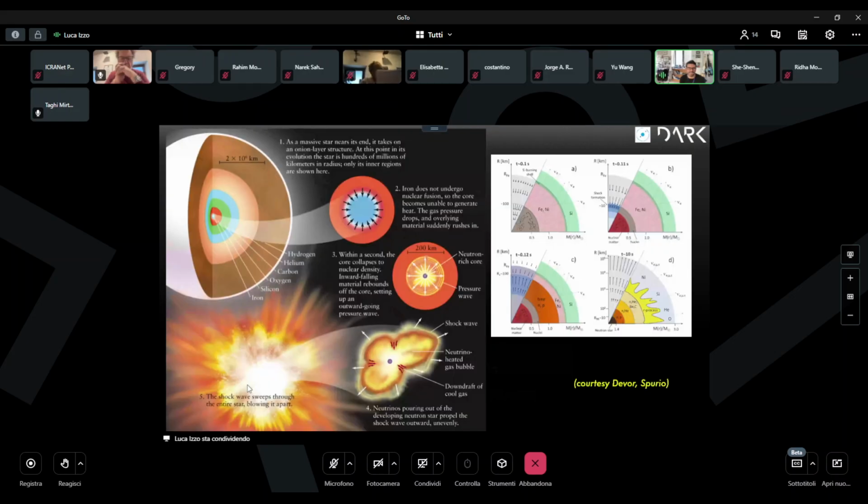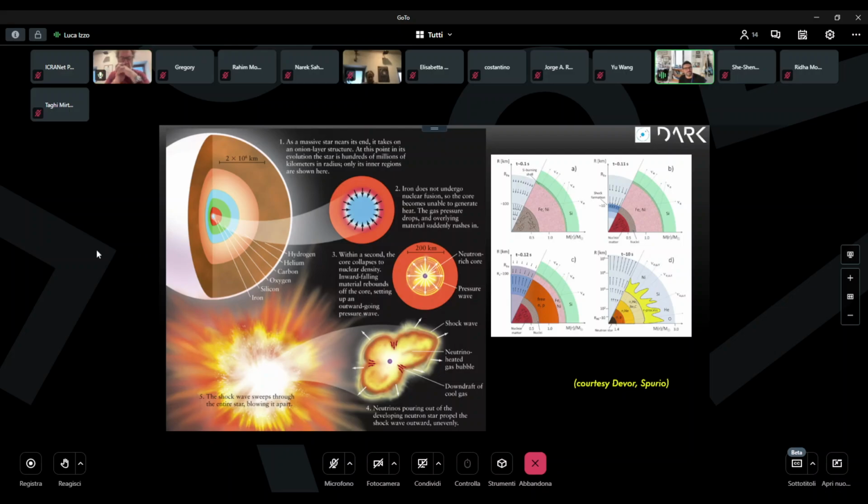You know that very massive stars, almost at the end of their lives, show this onion-like structure, with heavier elements located in the most central region of the star and lighter elements located more externally.